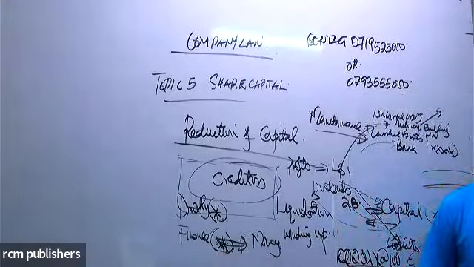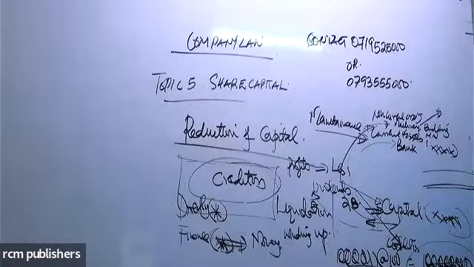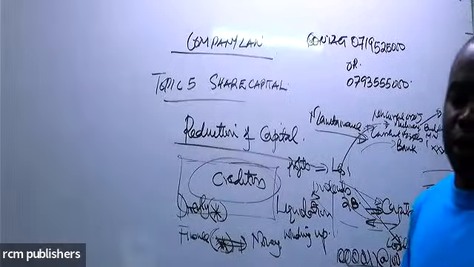Number 2. Where a company provides money under an employees' share scheme for the purpose of fully paid shares to be allotted to deserving employees. For example, the company comes up with a scheme saying those who perform exemplary well, we want them to be part owners of this company.